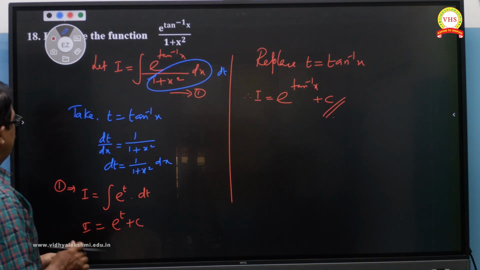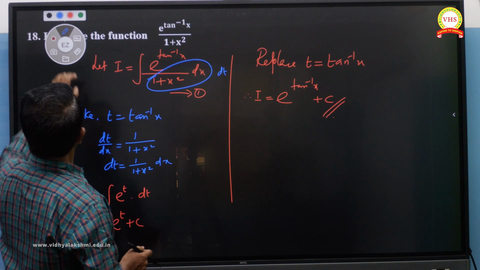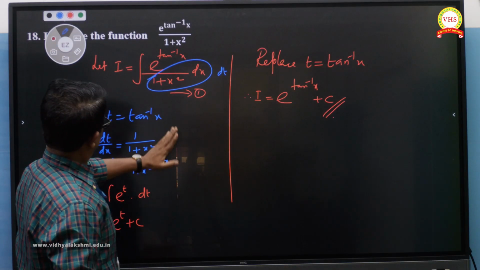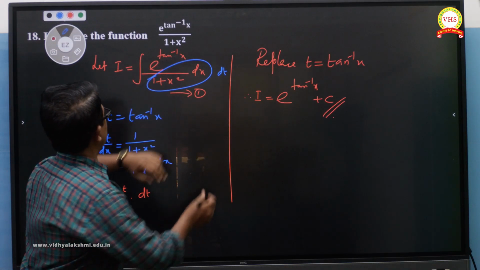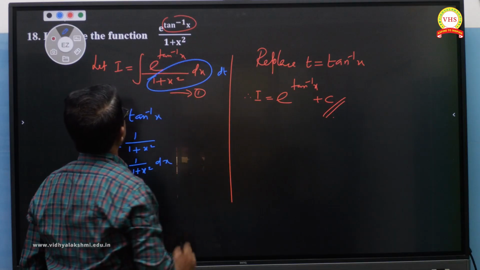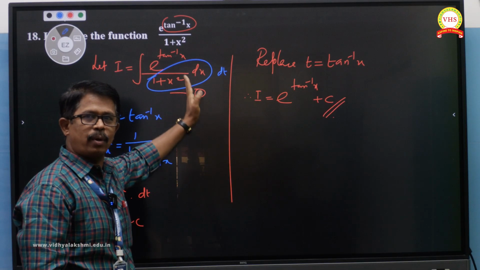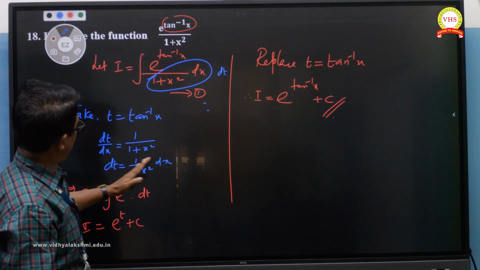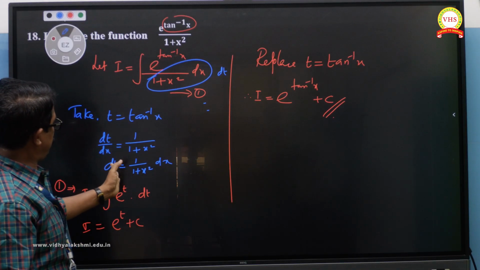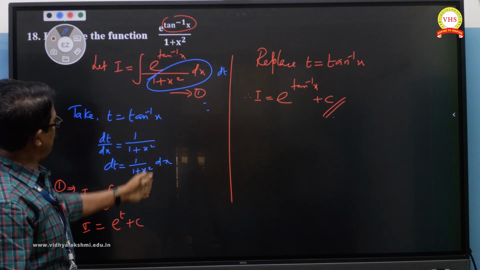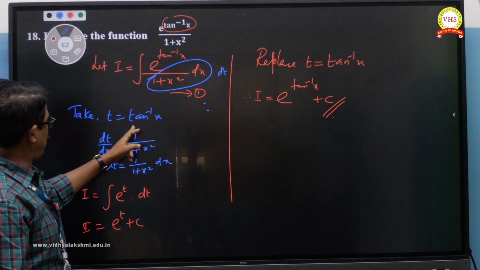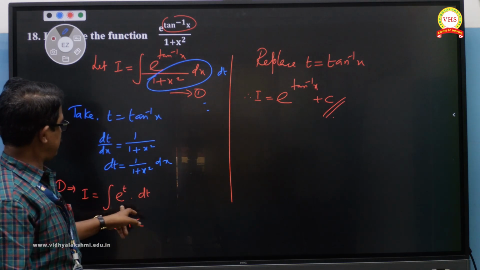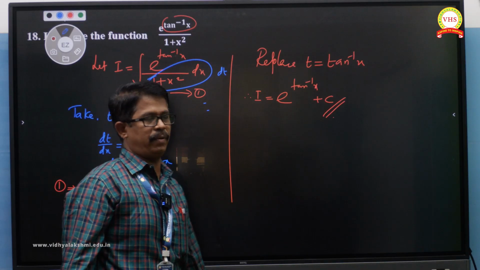Are you okay, students? Any doubt? When you have tan inverse, sin inverse or cos inverse, you should assign it as the alternate variable. The other steps are the same: differentiate with respect to x, find the dt value, replace 1 by 1 plus x square as dt, and then integrate e power t.